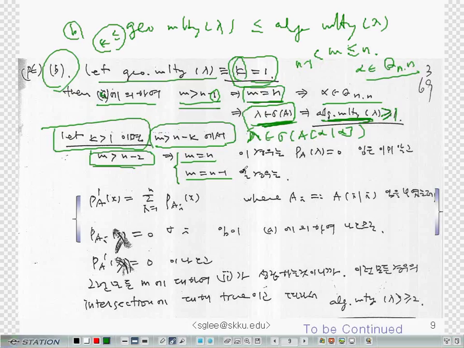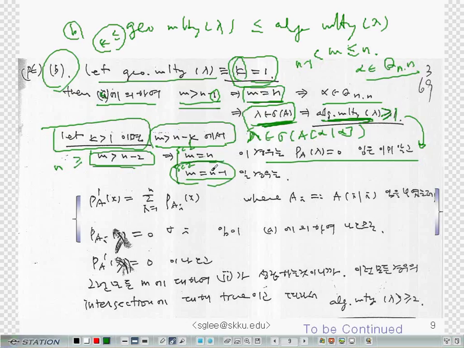There are two cases, isn't it? That's the only case if n is greater than or equal to 2, because m cannot exceed n. So there are only two cases. For sub case 1, it's done. We have proved it. Then lambda is an eigenvalue.